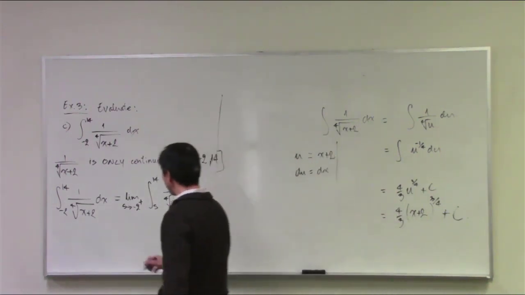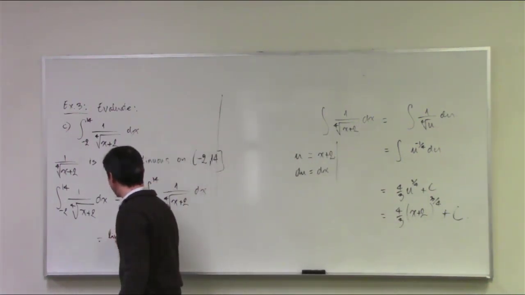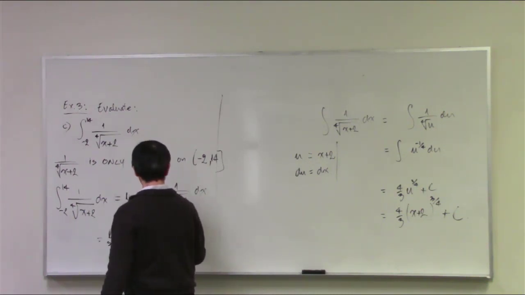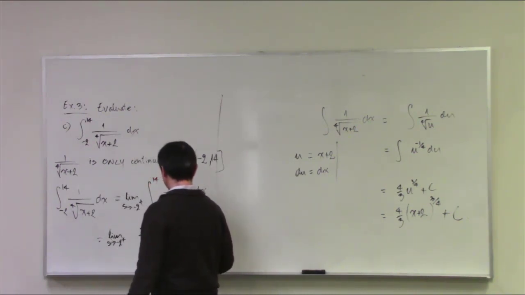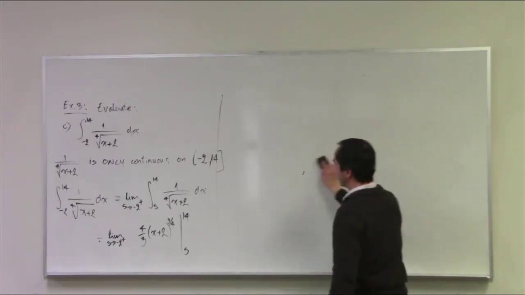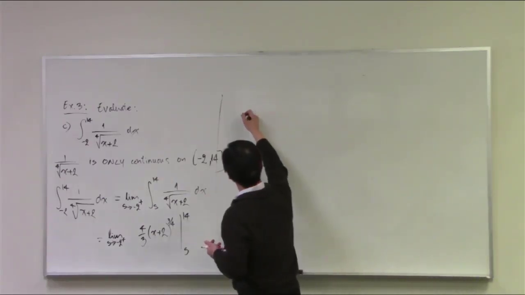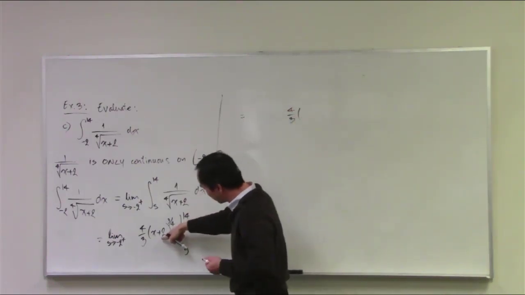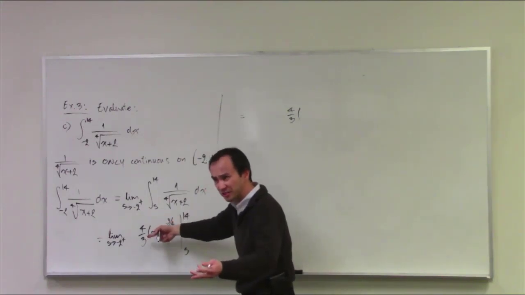So in this case, yes, it's a limits problem. As s goes to -2 from the right-hand side, the integral becomes 4/3 of (x plus 2) to the 3/4 power, evaluated from s to 14. By the Fundamental Theorem of Calculus, we get 4/3 times, substituting 14, 14 plus 2 which is 16.